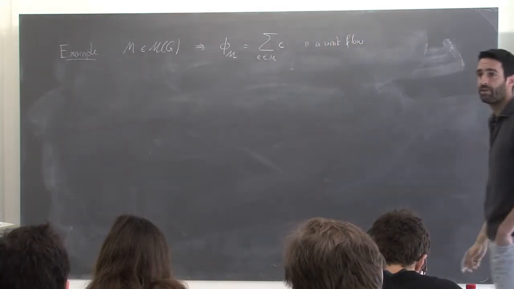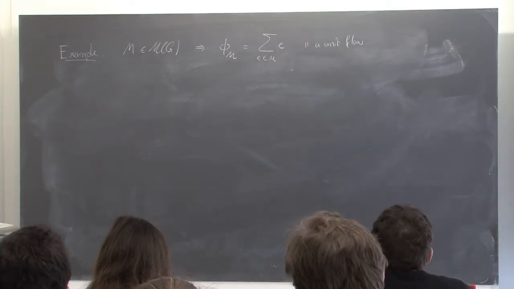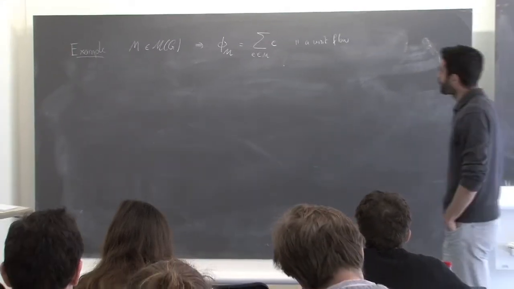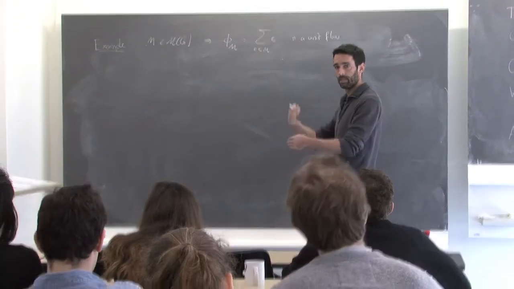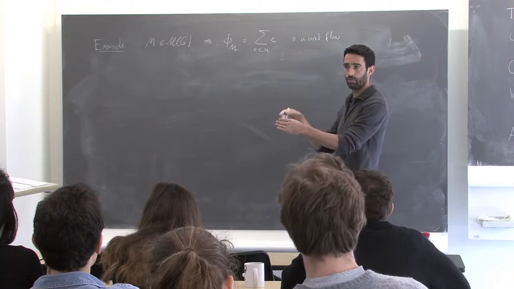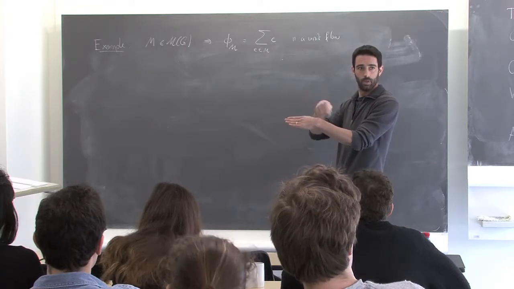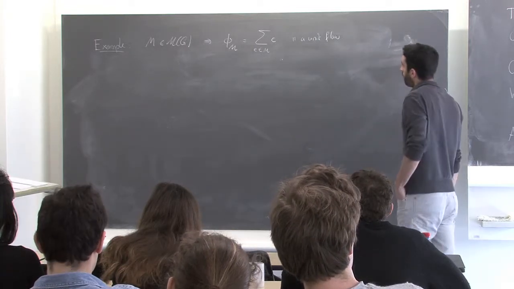Right? This is really the definition of perfect matching and of unit flow. Every vertex is adjacent to exactly one edge, so you just set equal 1 on this edge and 0 everywhere else, and okay, when you sum up around each vertex, you get 1.